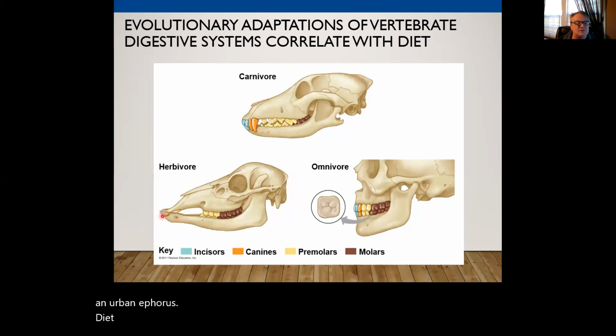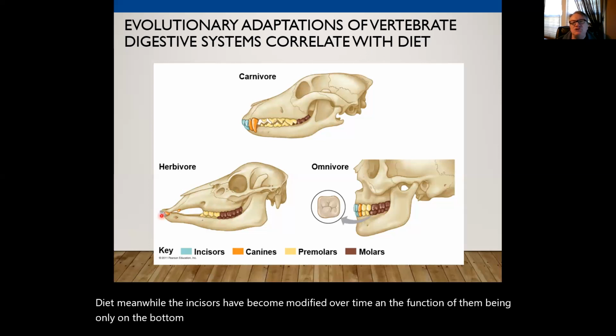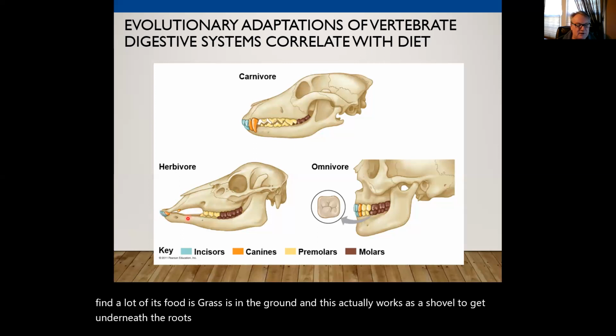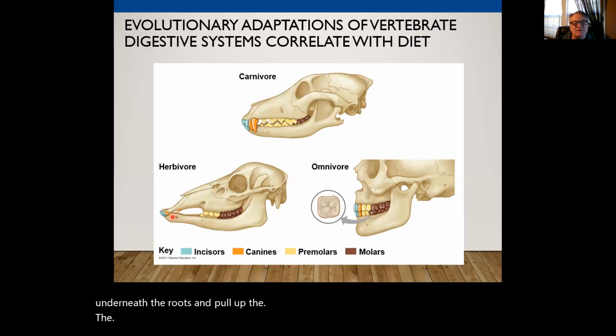Meanwhile, the incisors have become modified over time, and being only on the bottom, this essentially creates a shovel, because where is an herbivore going to find a lot of its food? Grasses in the ground. This works as a shovel to get underneath the roots and pull up the grass. So this is typically the type of structure you see in a grazing animal.